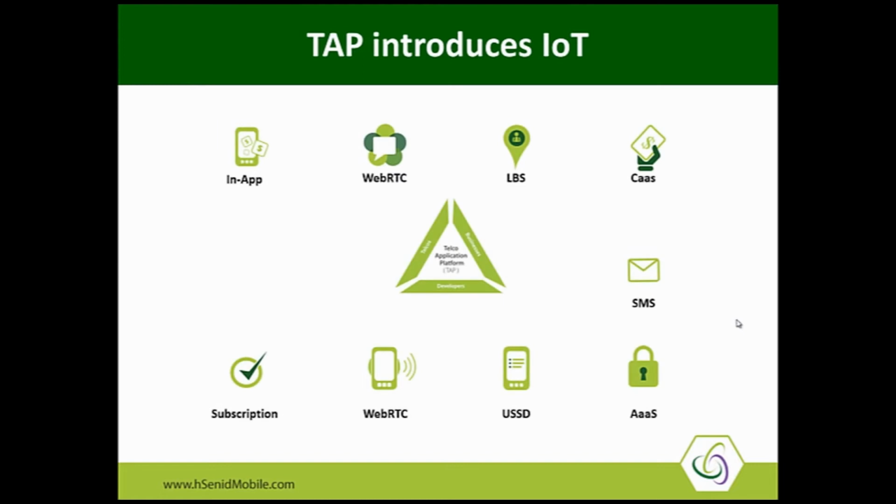On the other hand, if you take the Zenit Mobile Tab platform, as you already know, it opens up many APIs for developers to play around with the telecommunication core network, such as messaging APIs, charging APIs, and Android in-app APIs. Now it's time for Zenit Mobile to introduce its IoT API.